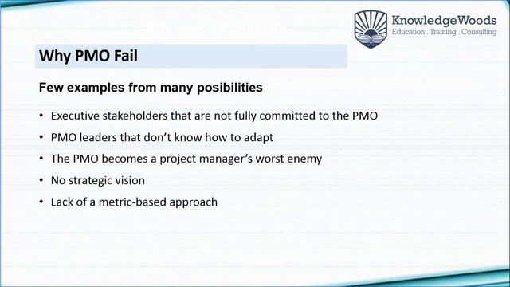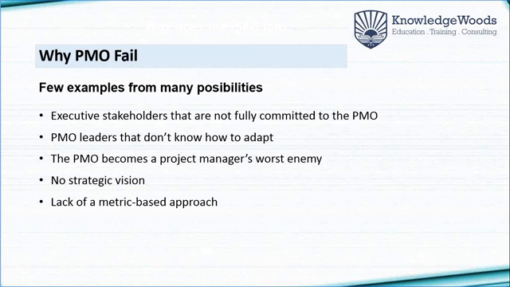Another reason why a PMO fails is that there is never a metric defined for the services that a PMO is offering. There are just vague statements, for example, competency development of resources in the organization. That's a vague, non-measurable statement.